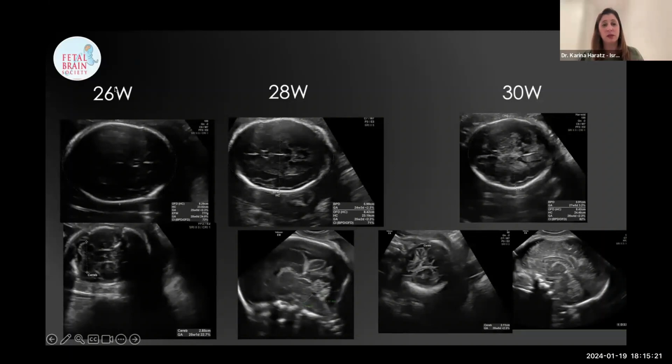Okay, but at 26 weeks, you can see that the transcerebellar diameter was 22nd percentile, quite okay. Not even close to give us a clue that something is bad. Okay, but the head was small and there was abnormal sulcation, so we continue to check on the patient, and here almost no growth from one to the other exam.